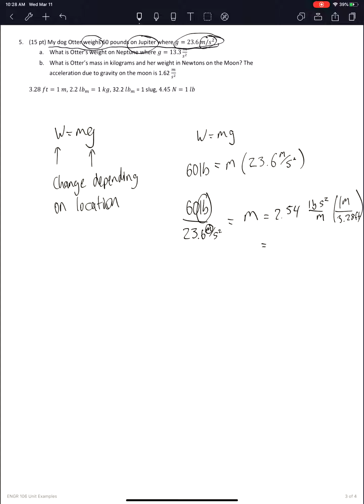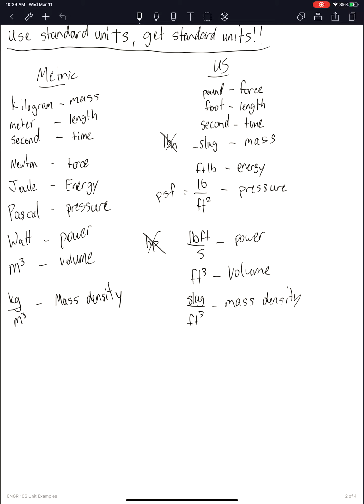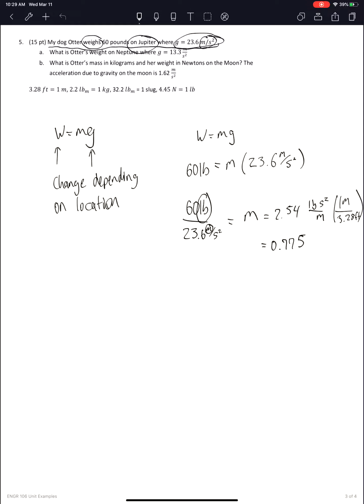And this is equal to 0.775. And what do we have? So this is where I'm not going to write out the units and think about them. I have converted to standard US units, so I'm going to get the standard US unit for mass. What is the standard US unit for mass? It is the slug. So this is in slugs. Pounds mass has nothing to do with this calculation whatsoever.